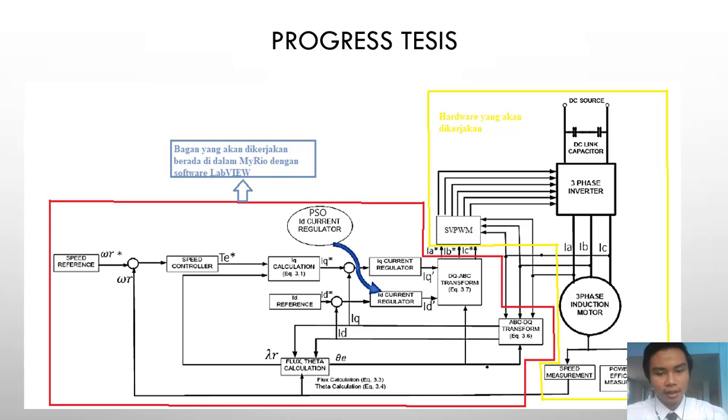Okay, next, my thesis progress. Here is my block diagram. The red line is software and the yellow line is hardware.